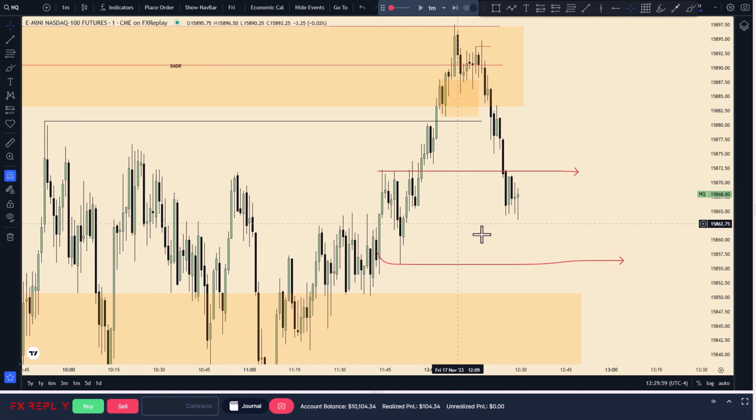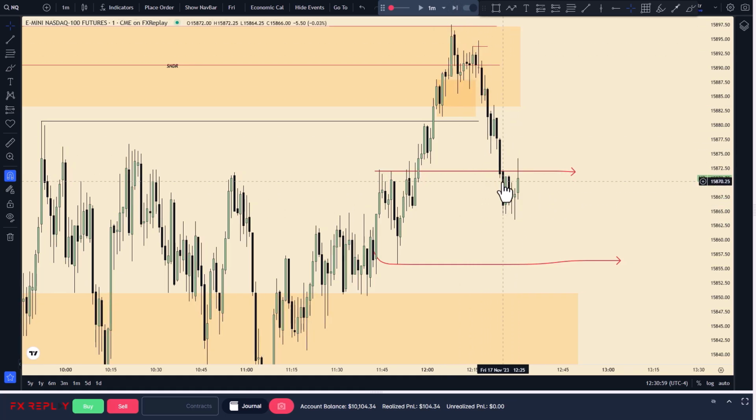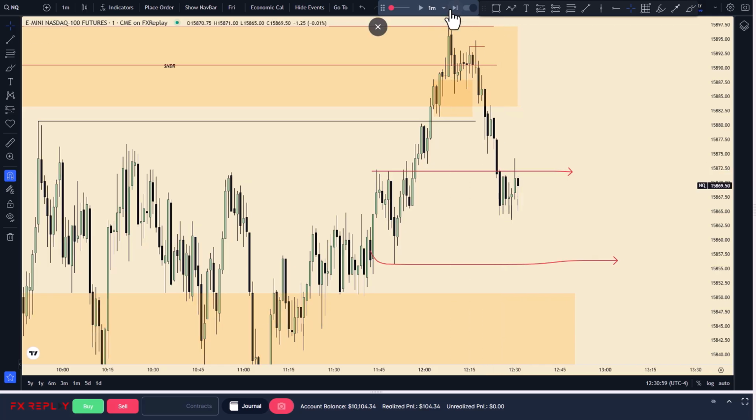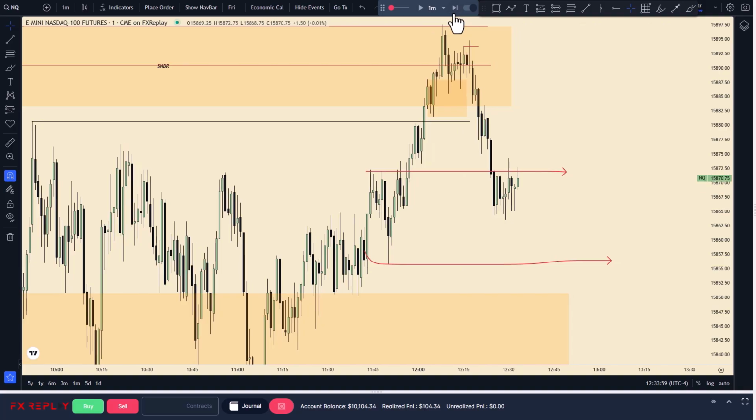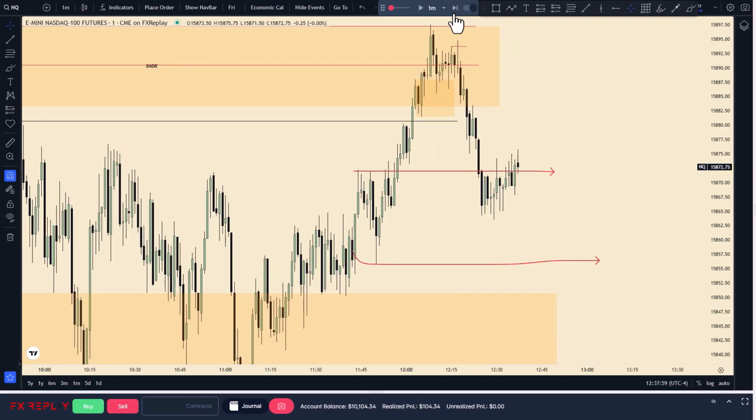Okay, so we have a couple of sweeps here. I still don't like this. We have this zone that can easily push price to the downside. Now we violated that. We failed to close above it though. I definitely don't like this price action.